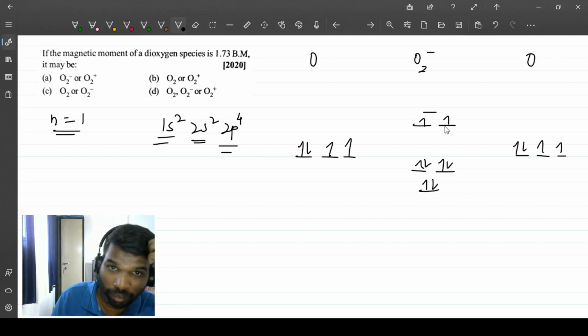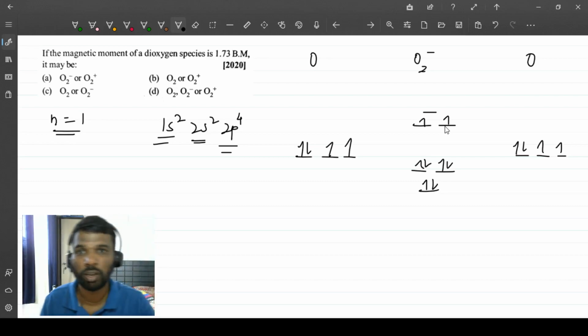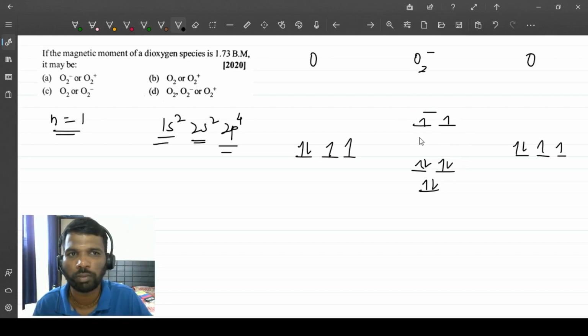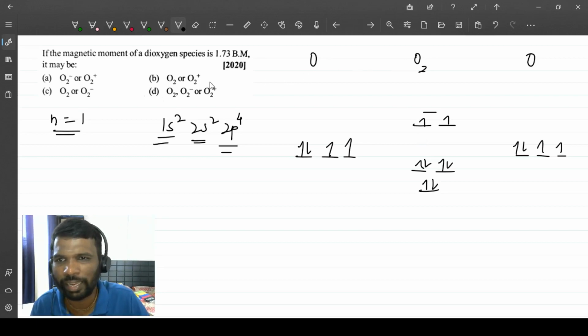So if it is O2, the number of unpaired electrons over here is 2, no? Right? So directly you can say that these all are incorrect options.